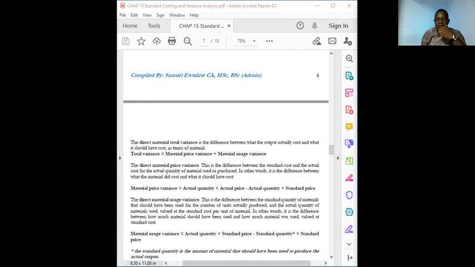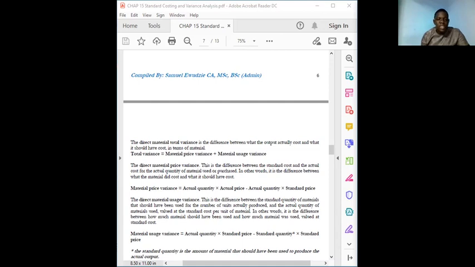Actual price times actual quantity will give you the actual cost. Then the standard price times standard quantity will give you the standard cost of the materials. So to find the variance, we find the difference between the actual price and the standard price at the actual quantity.